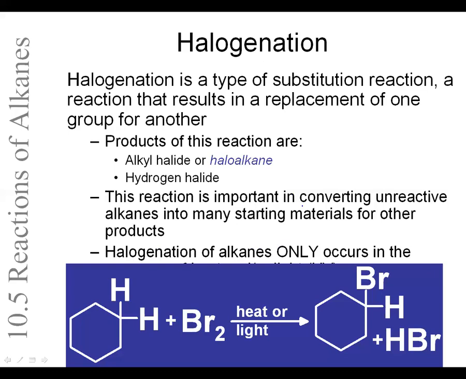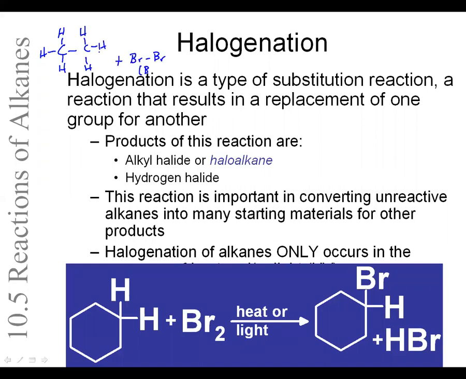And it is what it sounds like. Basically, a hydrogen on an alkane gets substituted out. You remove a hydrogen and you replace it with a halogen, which is why it's called a halogenation reaction. So, for example, if we take this guy and we react it with Br2, which looks something like this, right? Let's put Br2 like that.